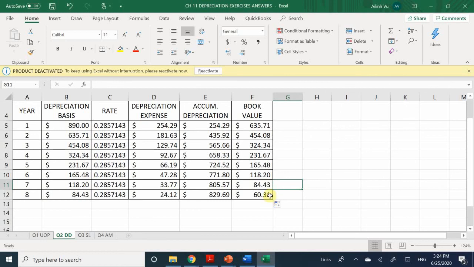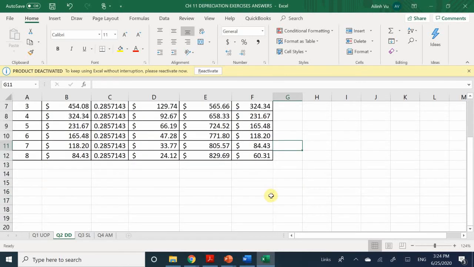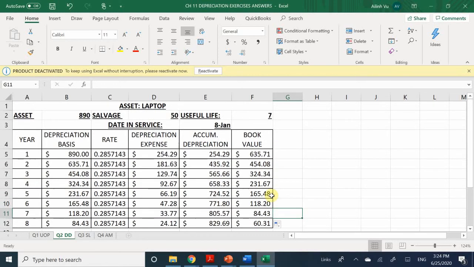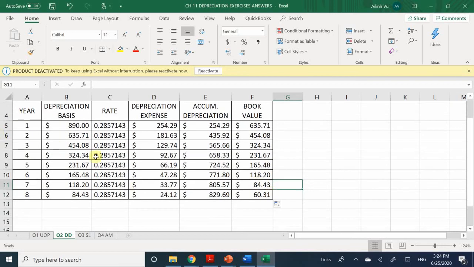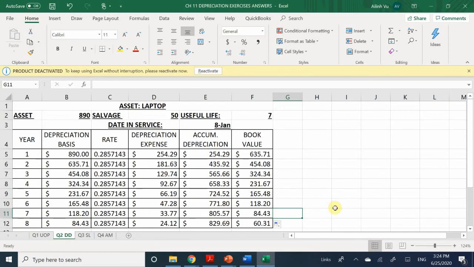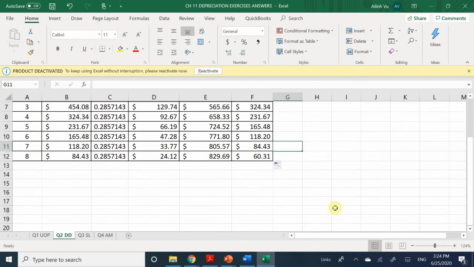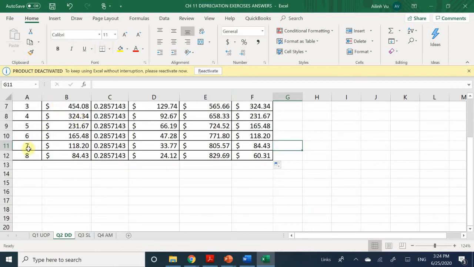Because we're probably thinking, at this point, if you reach the 7th year and you feel like this asset isn't really working for you, this is a laptop. If it's 7 years from now, I'm pretty sure this modem is crappy. It takes forever to turn on. I don't think you're ever going to continue to use it all the way.